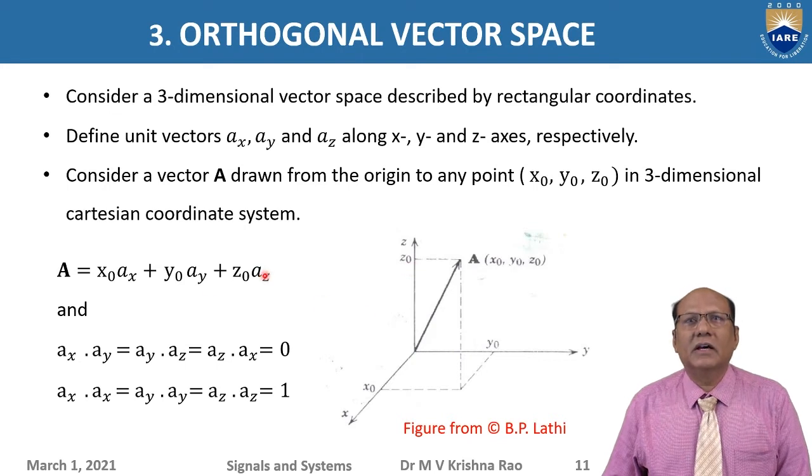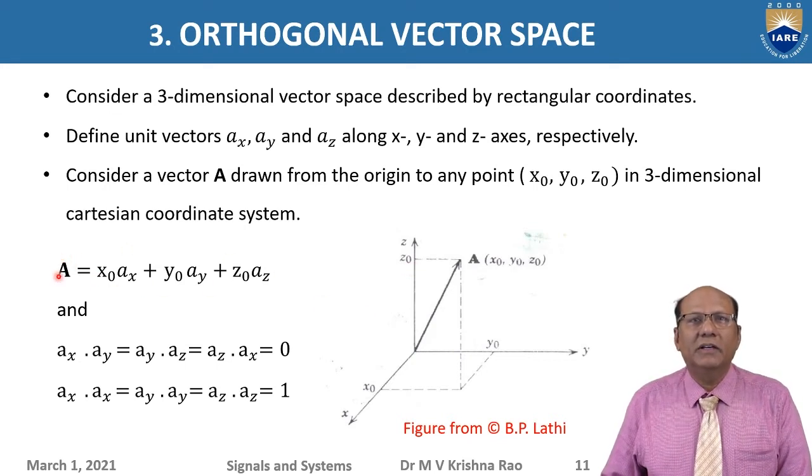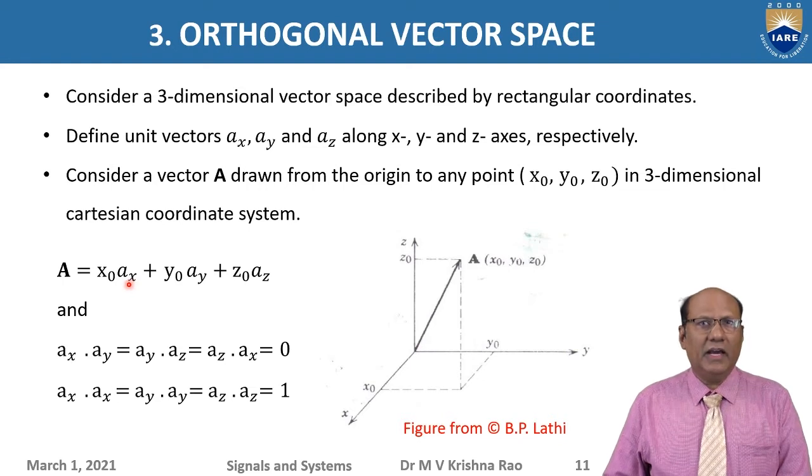So any arbitrary vector can be expressed as the summation of three components. Ax is the unit vector, and x0 is the coordinate, so this is the scaling factor along the x-axis.